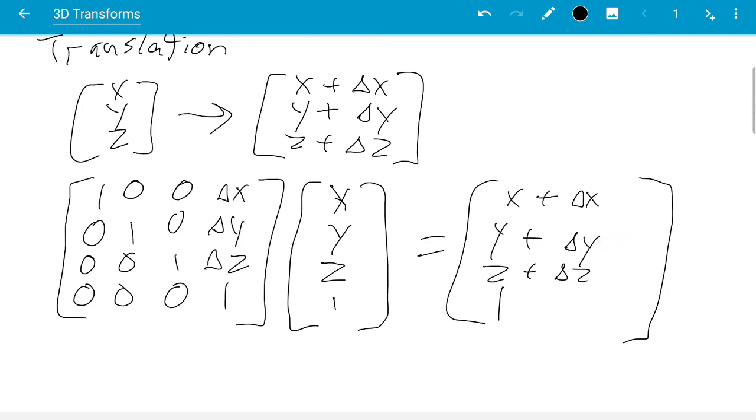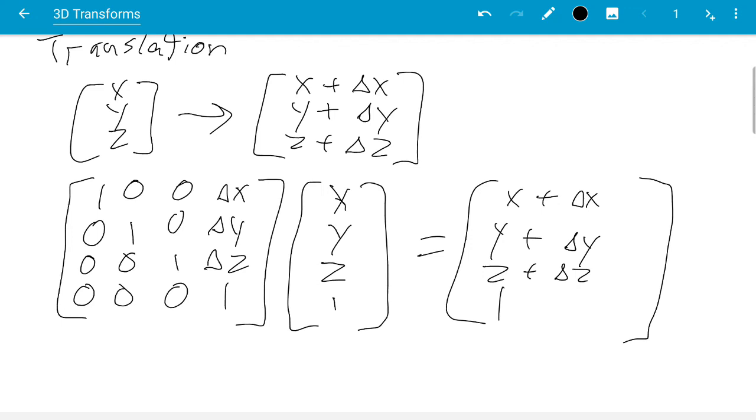It's a little annoying that we have to go into 4 dimensions in order to apply a 3-dimensional transformation. But this is the easiest way to do it with matrix multiplication. It also gives us the tools to express the idea of infinity in this, and we'll talk about that further when we talk about projections.